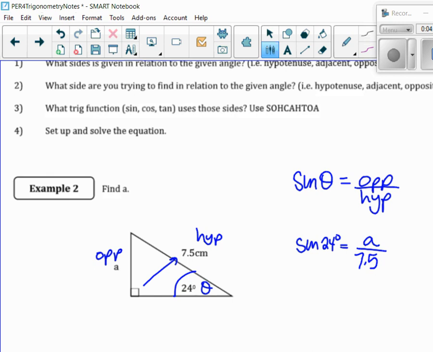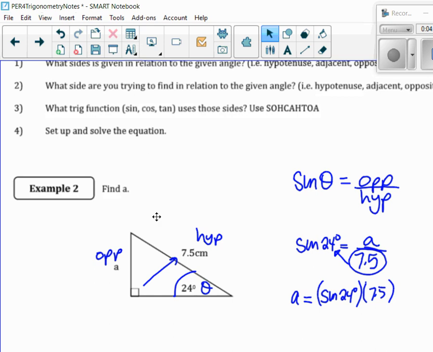Okay, so this is why we practiced our cross multiplying. Do you see a cross multiply here? We're going to cross multiply this 7.5 up. So my answer for a is going to be whatever sine of 24 degrees times 7.5 is. I'm writing it out, but you don't have to actually write out this step.